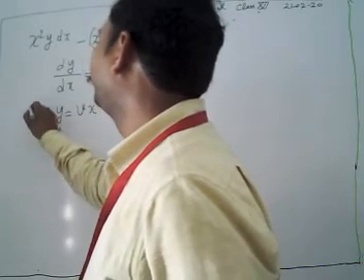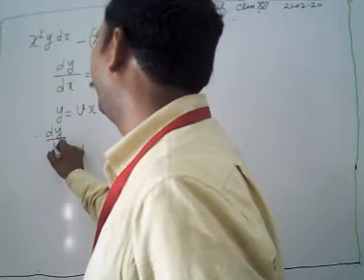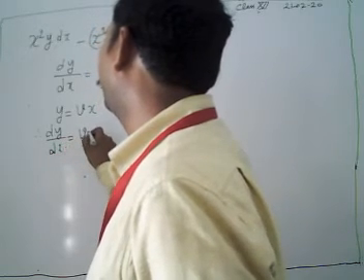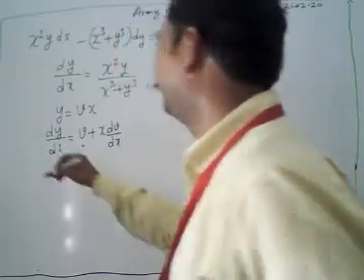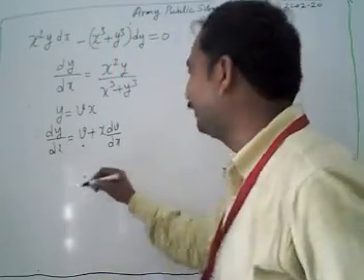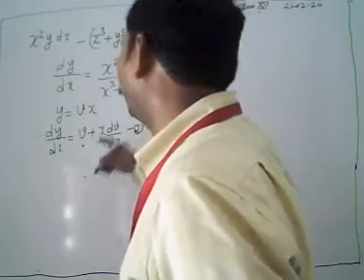Therefore, after putting y equal to vx, we have dy by dx equal to v plus x dv by dx. Now the value of this v plus x dv by dx we have to get using 1 and 2.